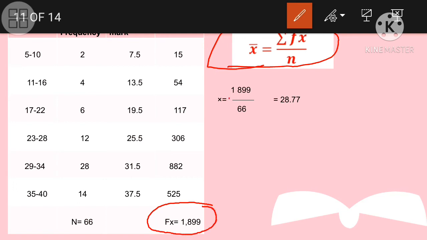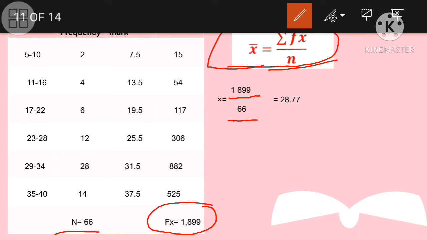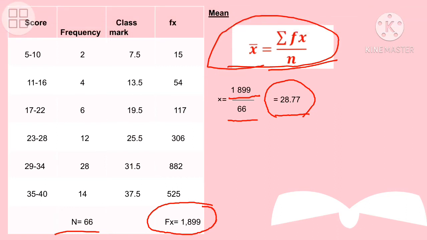We just need to copy this. And n is equal to 66. 1,899 divided by 66 is equal to 28.77. So this is our mean. Second, we need to find the median.